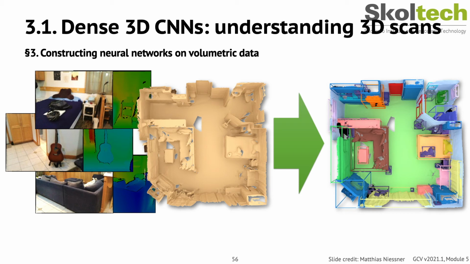Also, it could be represented using a mesh. And the goal would be to construct neural networks that provide an understanding of what is where, and what classes objects and voxels have in these kinds of environments or scenes.